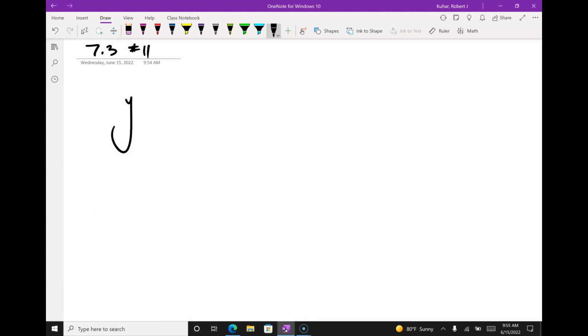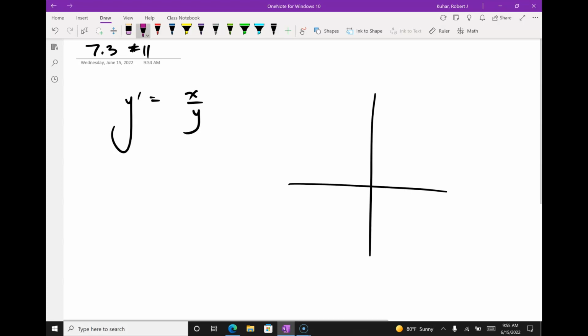I've got y prime equals x over y. We can do some slope fields. So at 0, 0, I'm in trouble, right? At 0, 0, I'm in trouble. And in fact, anytime my y is 0, I've got perpendiculars, right? So I'm kind of doing my slope field by hand here.